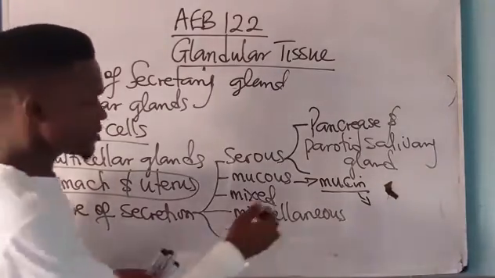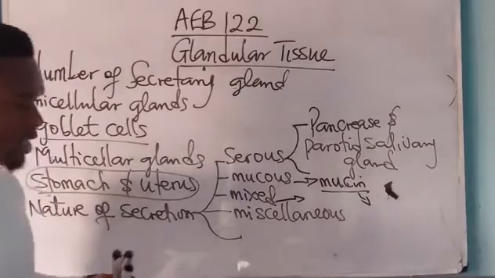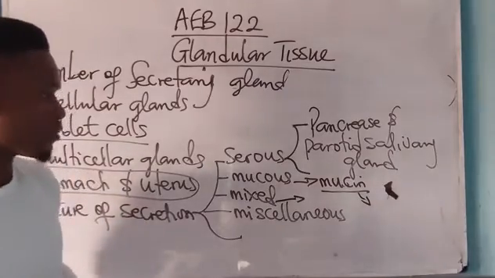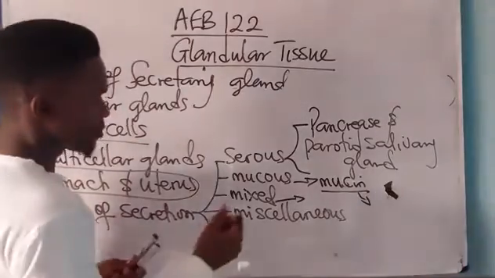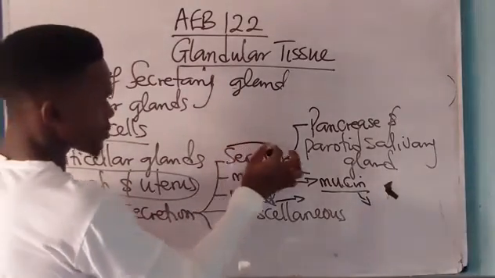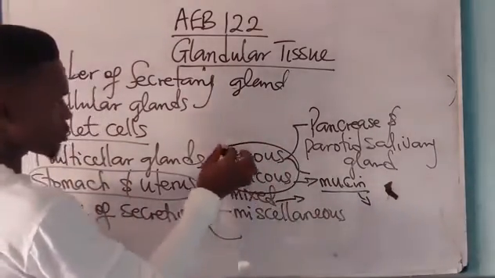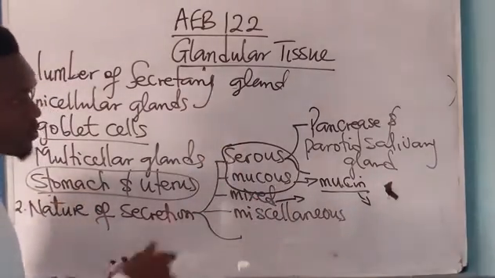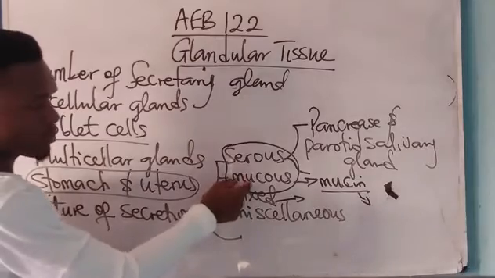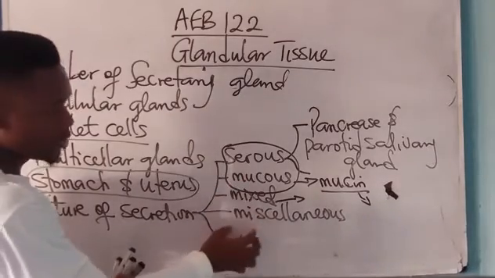Then you now have the mixed gland. A mixed gland possesses both serous and mucous glands, which means that the combination of the serous and mucous gland produces a mixed gland.